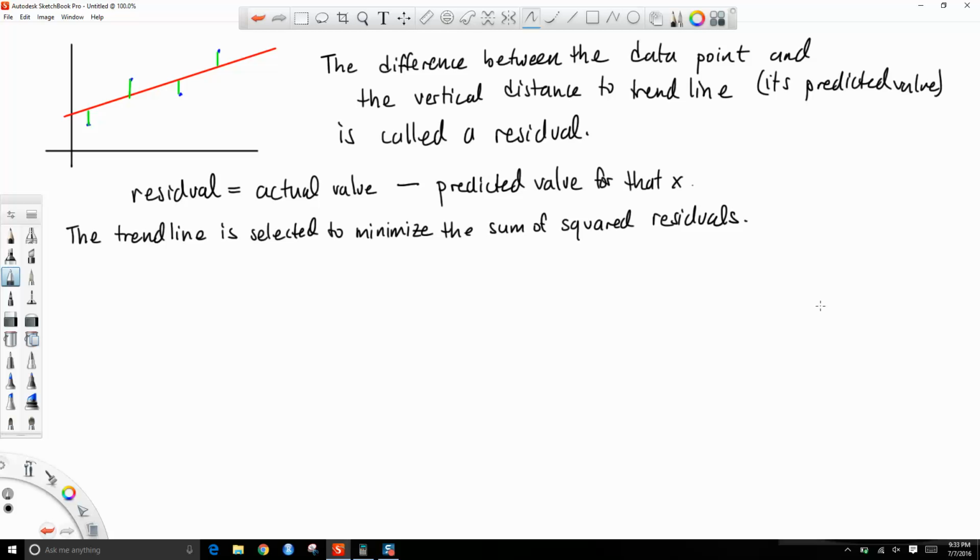It turns out, by some mathematical properties, that the slope and intercept will minimize the sum of squared residuals. You think of these vertical distances to the line, you square them and add those up. The line that minimizes that, the best fitting line, will always have the same properties.